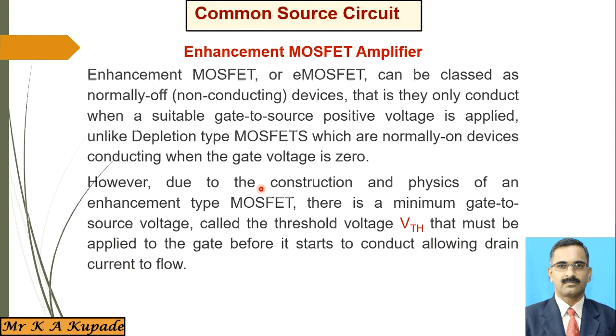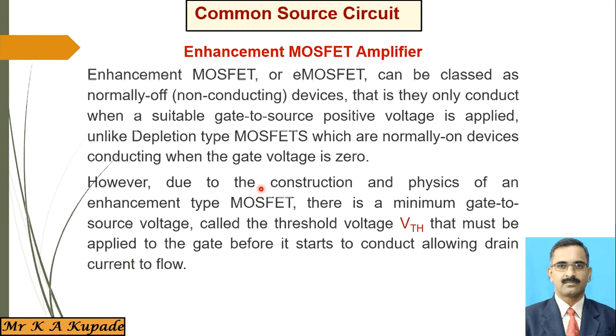So in this common source circuit topic, whatever MOSFET is considered as the device in that circuit configuration, I want to discuss here. And I have considered this particular amplifier circuit. Before that, once again we will discuss how it is implemented. Now the enhancement MOSFET, or E-MOSFET, is classified as a normally off, non-conducting device.